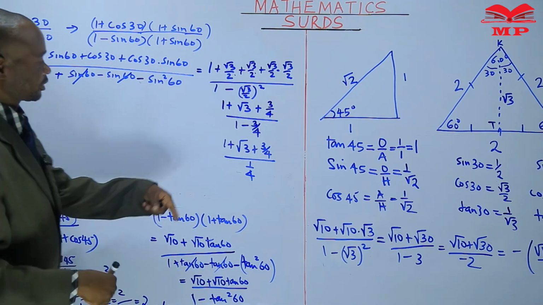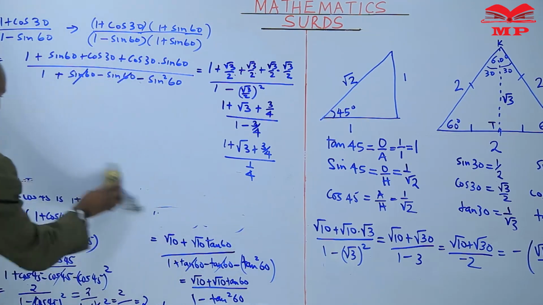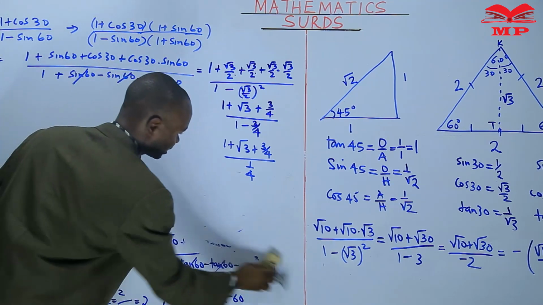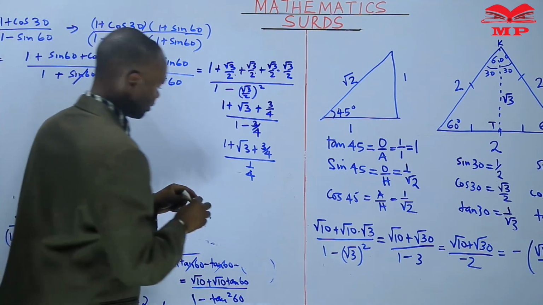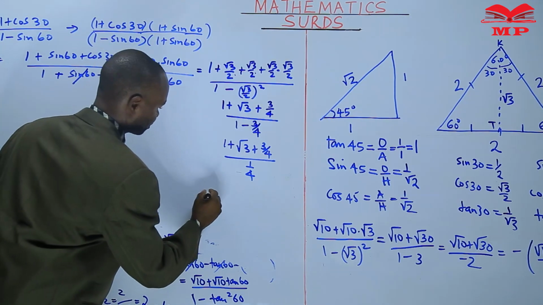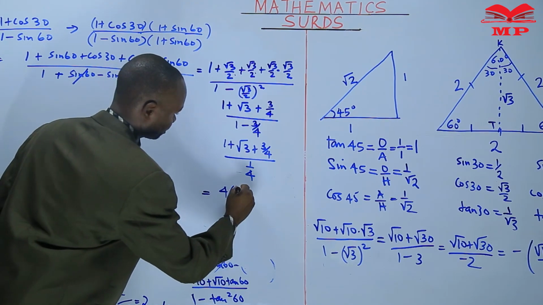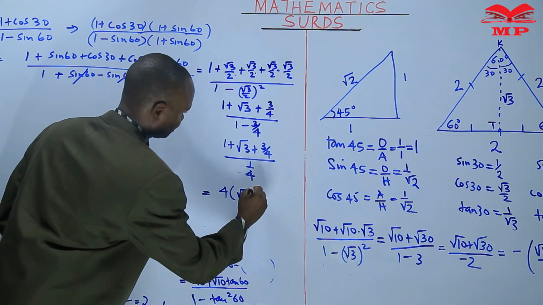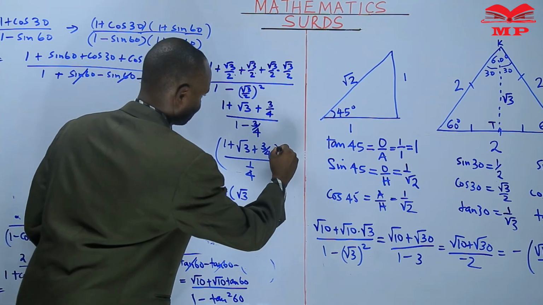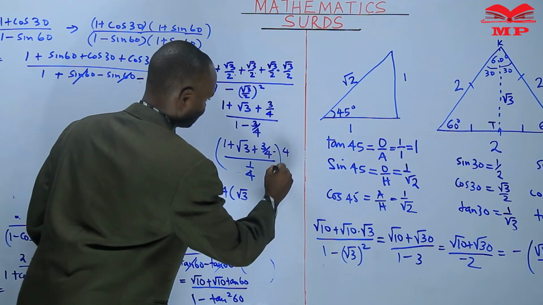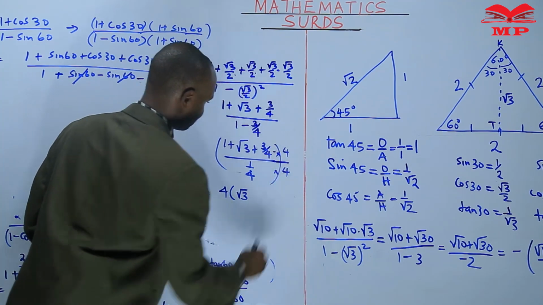When the quarter reciprocates and goes up, you are dividing by a quarter. So if I multiply each side by 4, you multiply this one by 4 and this one by 4.